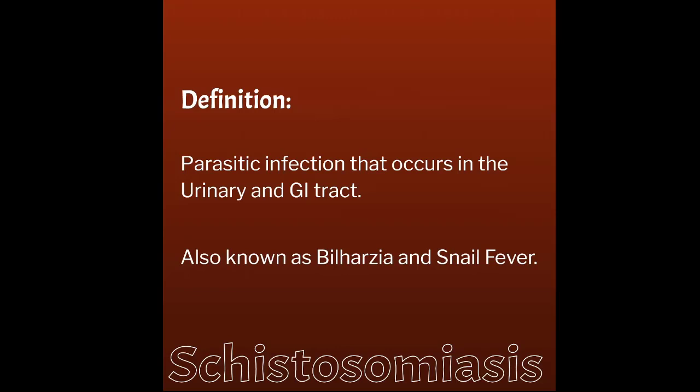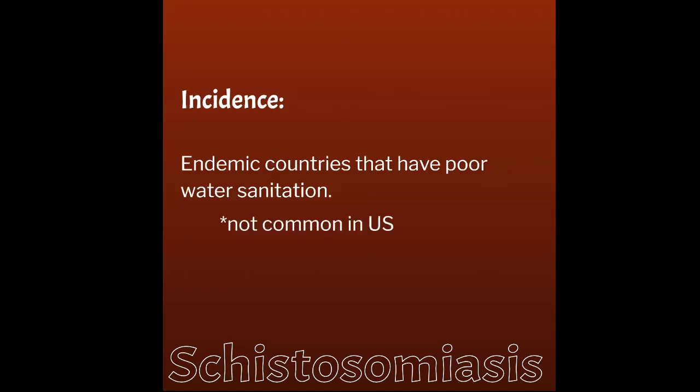Schistosomiasis is also known as bilharzia or snail fever, again, because of the way that it's transmitted. The incidence of schistosomiasis is, again, typically in endemic areas that are going to have poor water sanitation, so not commonly seen in the U.S., more common probably in Southeast Asia or in some Latin America, South American cities.